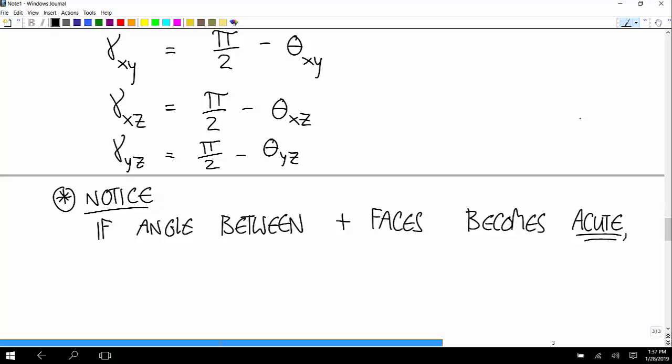Because if this angle becomes more acute, then that angle gets smaller than pi over 2. So you have pi over 2 minus whatever, pi over 3, you get a positive value. If it becomes more obtuse, you get negative values. So physically, that's what these mean. If you get a positive shear strain, it means the positive faces are narrowing their angle.